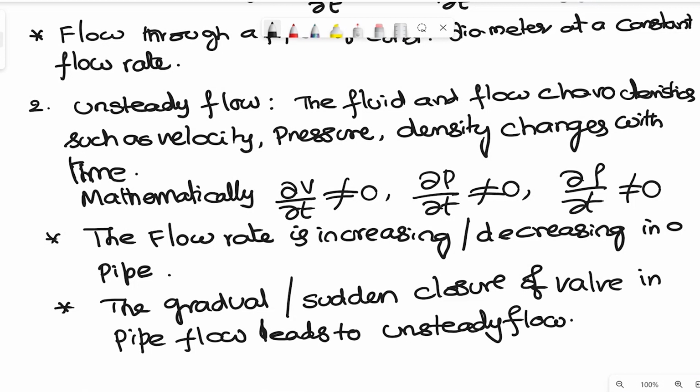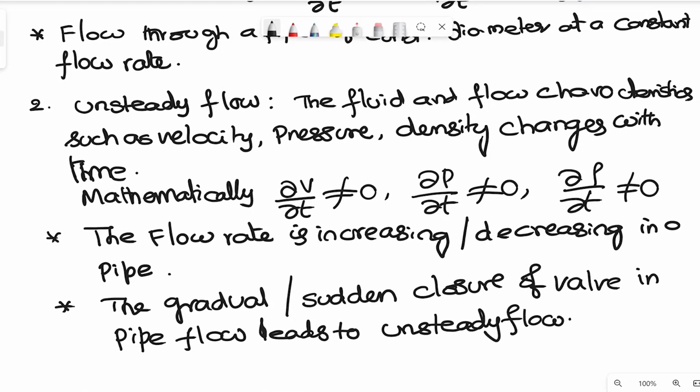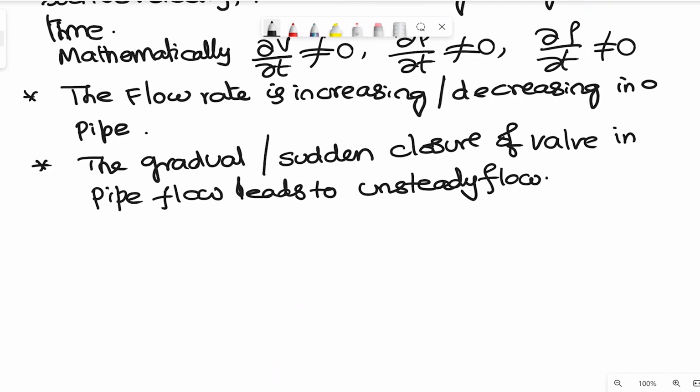So these are the two examples. So the next thing is uniform flow.